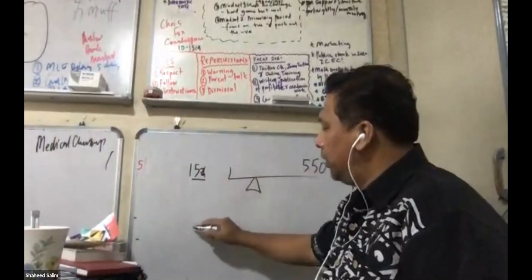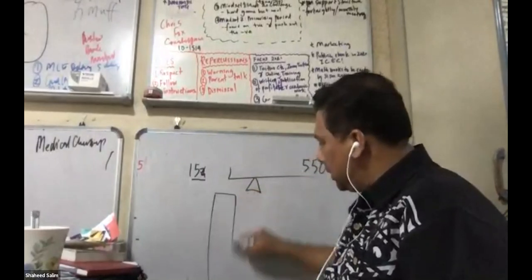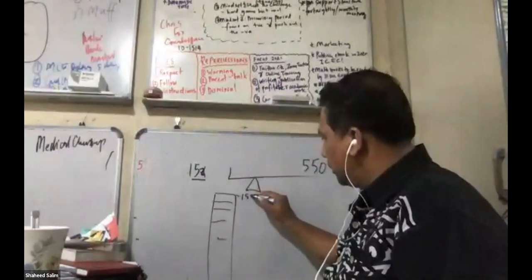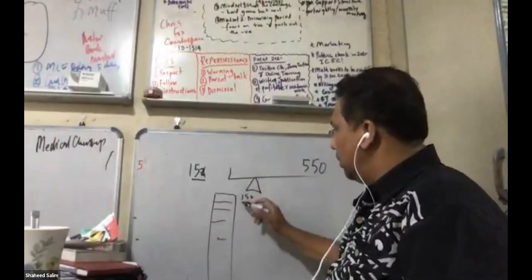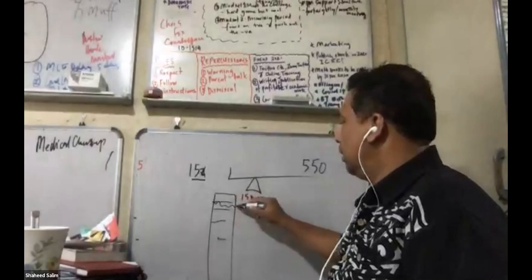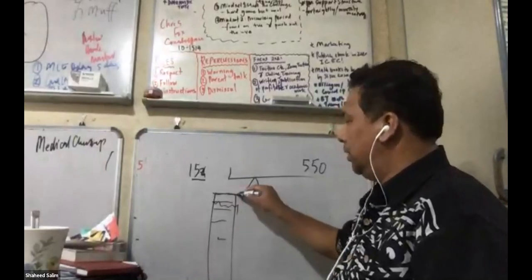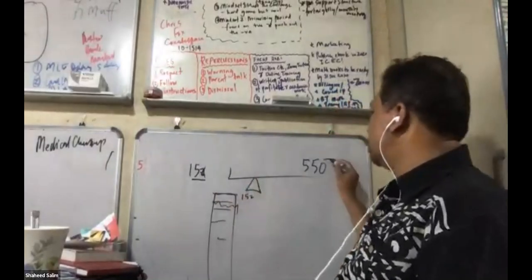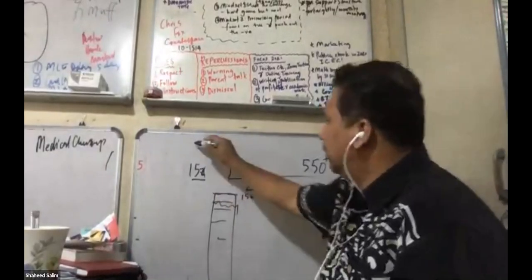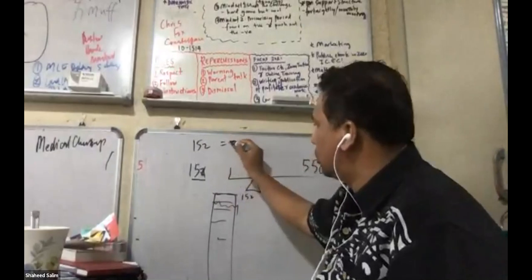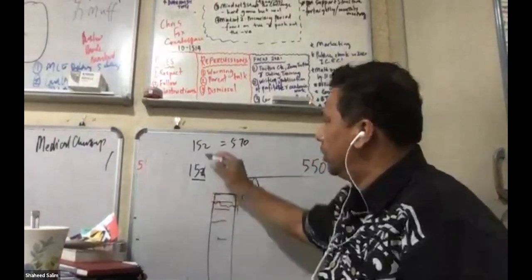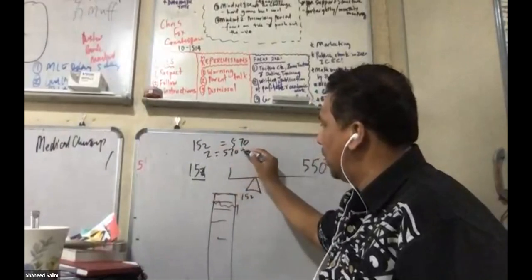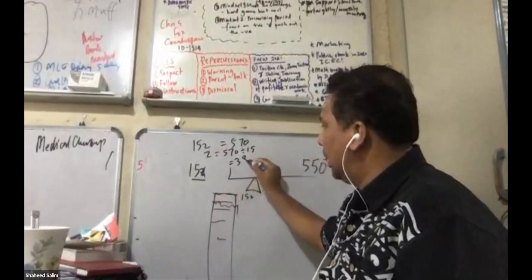If I draw a model, this is 15 parts, 15Z. Minus 20 means it's below. I add the 20, I make it 15Z. So I must add 20 on this side, I must also add 20 on this side. That means 15Z equals 570. 1Z is equal to 570 divided by 15 equals 38.